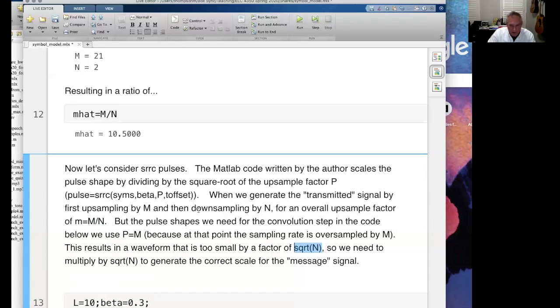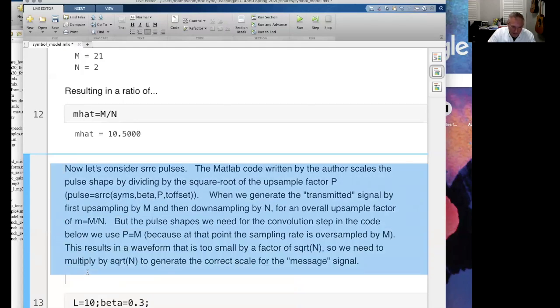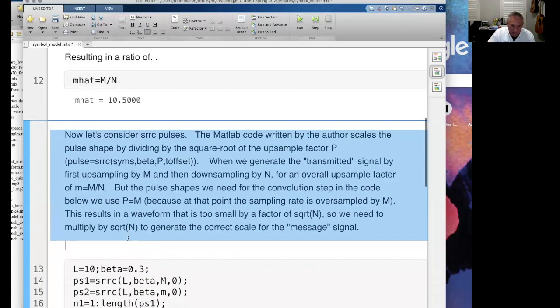But sometimes, when I've been playing around with making this code work, you have questions about whether the scale of this signal is exactly right, because if it's not scaled right, it's certainly not going to downsample into the symbol values that we're expecting. This is just a technical detail that is necessary, and I wanted to point it out. But when you're making a mental model about how this all works, this is a finer point that you don't need to worry about.